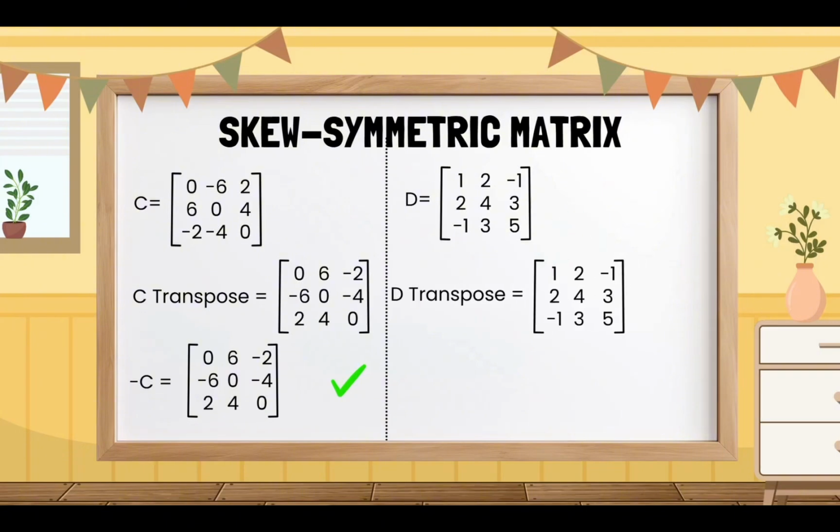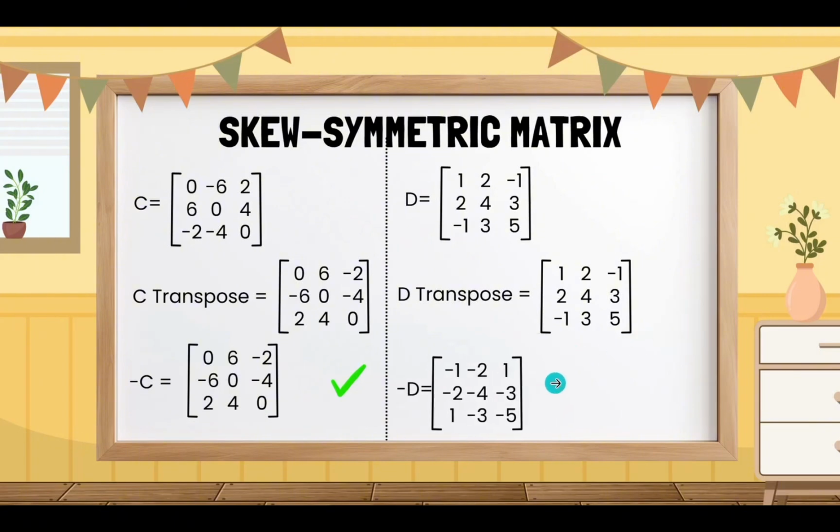So now we have the D transpose, which is going to be 1, 2, minus 1, 2, 4, 3, and then minus 1, 3, 5. So is the transpose going to be the same as the negative of D? Let's see.